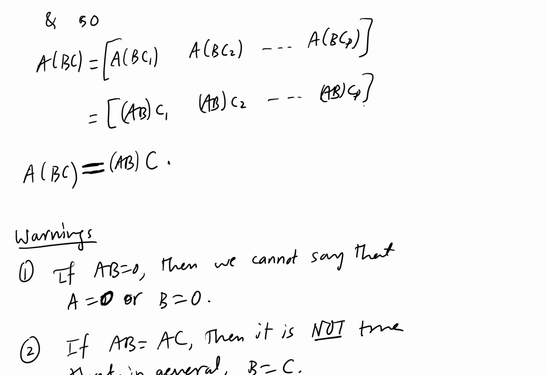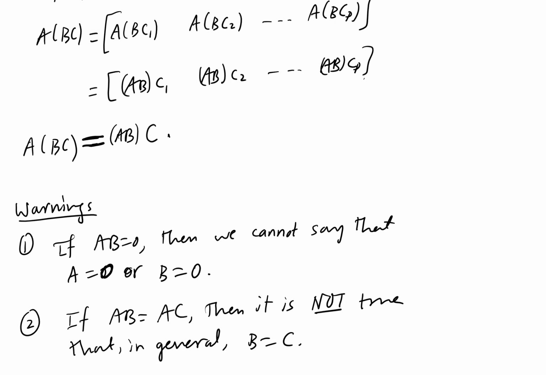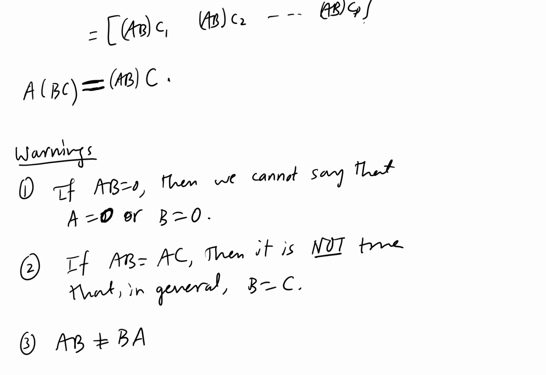If AB equals AC, then it's not true in general that B equals C. It's kind of like you cancel A and A, but that only works if we have a scalar. Next, AB does not always equal BA.